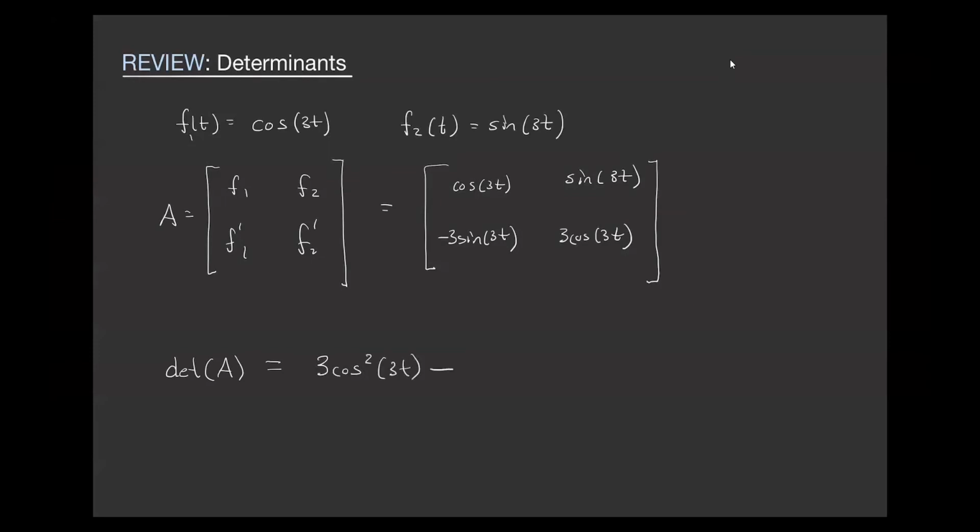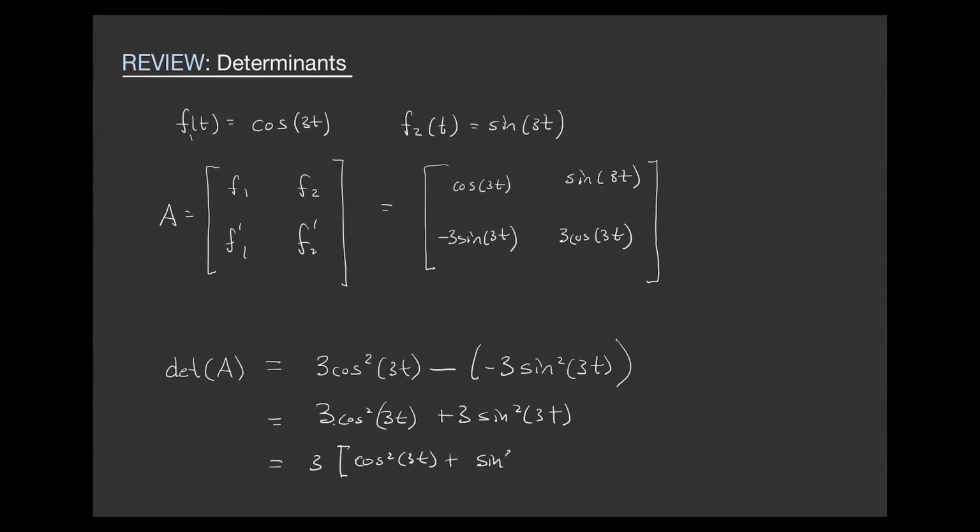And then we'll subtract the product of the off diagonal, which is negative 3 times sine squared of 3t. That, of course, is 3 cosine squared 3t plus 3 sine squared 3t. You can factor out the 3. And that leaves you with cosine squared 3t plus sine squared 3t.